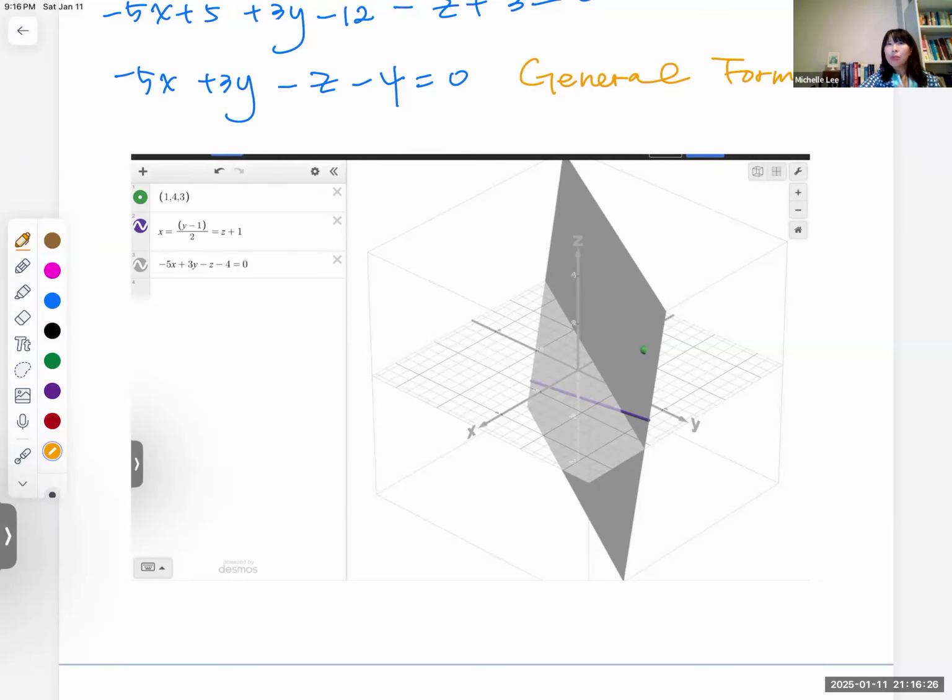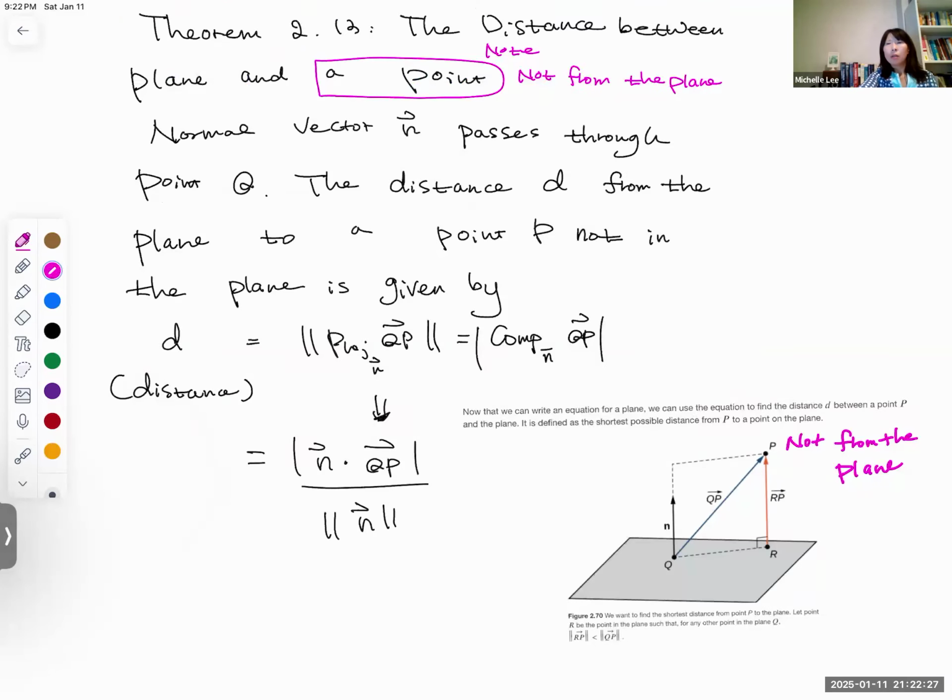Okay, so let's do theorem 2.13, the distance between a plane and a point. So we had a formula earlier, the distance between a line and a point, right? But here, a plane and a point.